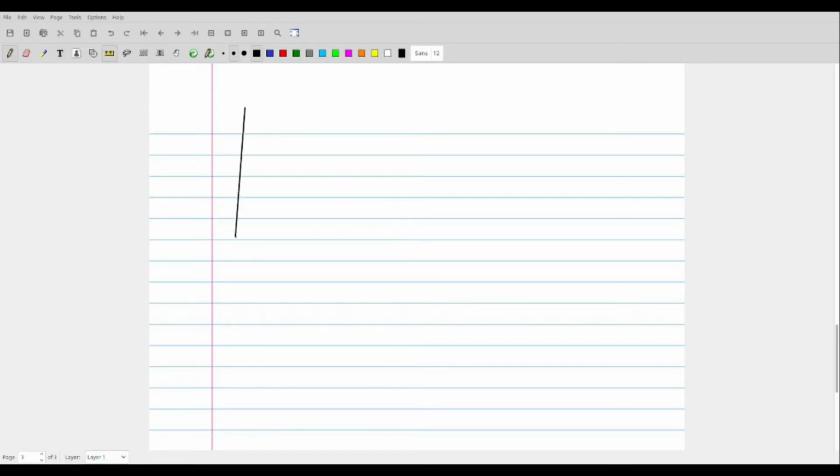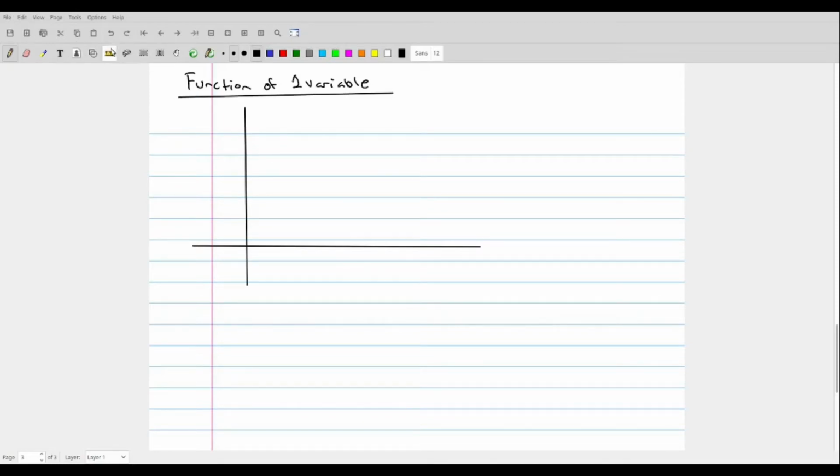If you have, from Calc 1, say, a function of one variable, the graph of a function of one variable lives in two-dimensional space.